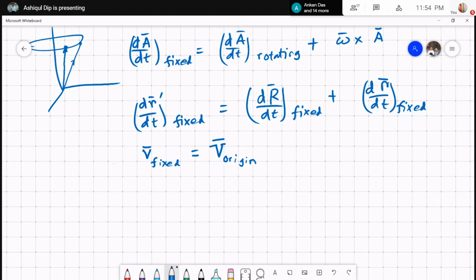Now we are reduced down to this part, dr/dt fixed. We can write dr/dt fixed as dr/dt rotating plus omega cross r.